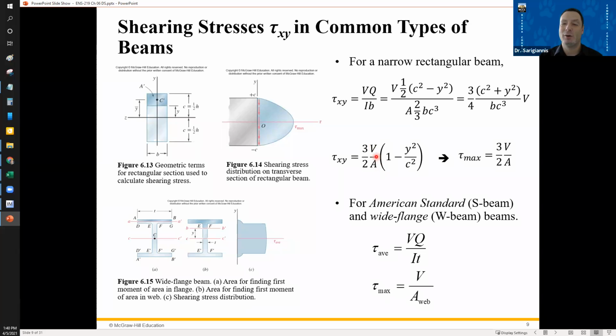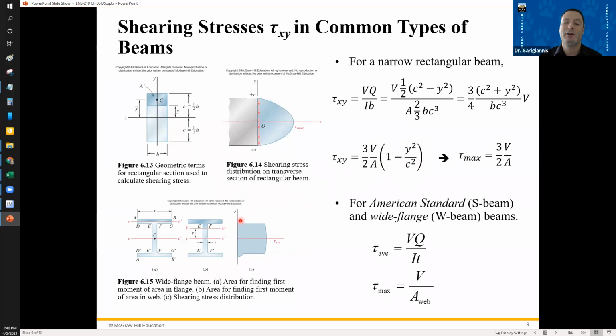In 3/2 V over A, while your V is constant, your A is pretty big up here. So 1 minus y squared over c squared, depending on where your y is up here, it's going to be close to c, so this becomes a very small number. Obviously, the top is 0. But this is what the trend looks like in the top portion of the beam.